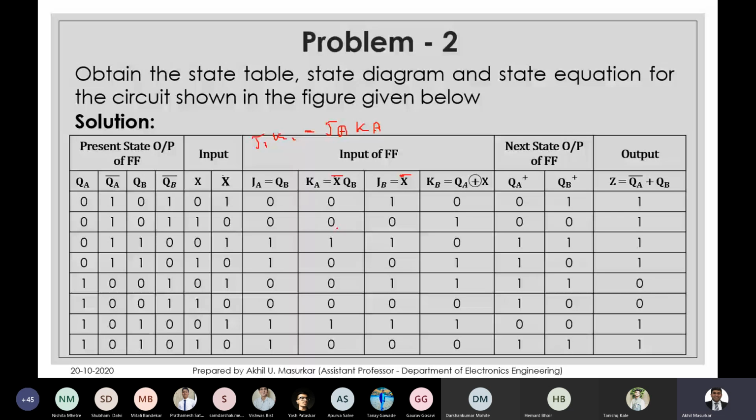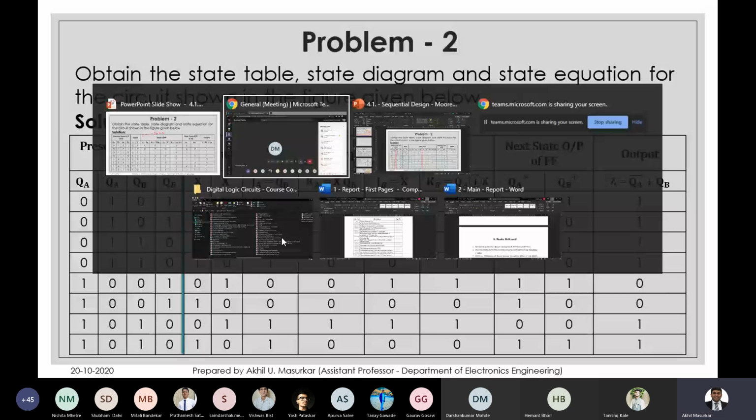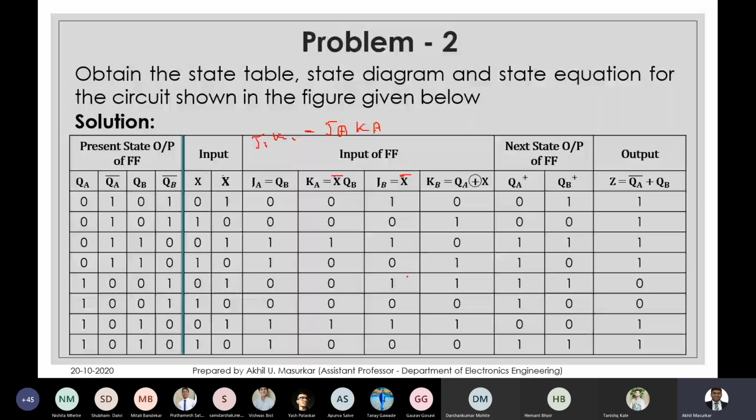Now, I'm just dividing this table into some parts so that our understanding becomes slightly clearer. You can see this part is all present state outputs. Present state outputs are actually QA and QB only. But you can see that we may require QA bar and QB bar later, when we calculate JA, KA, JB, KB, or even Z. In this case, Z does not have QA, it has got QA bar.